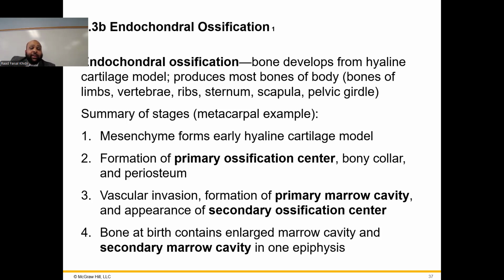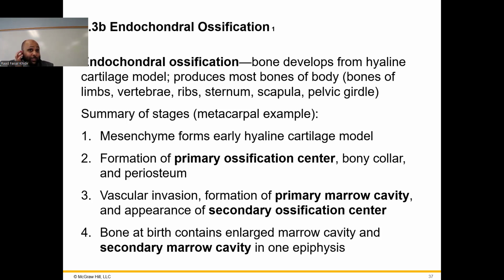So intramembranous ossification develops from the mesenchyme. Remember? Developed from the mesenchyme. Intramembranous ossification develops from the mesenchyme, while endochondral ossification does not develop from the mesenchyme, but rather develops from the hyaline cartilage. This is golden. This is money.